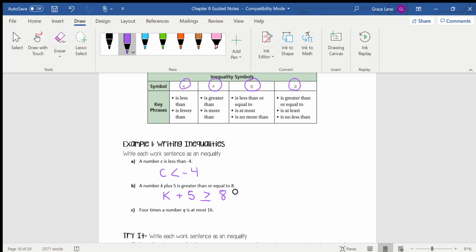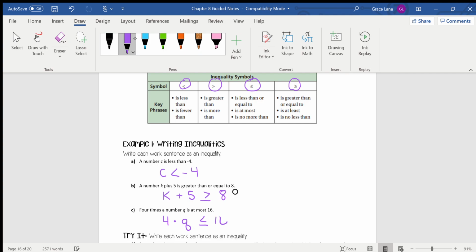And then letter C, 4 times a number Q. So you remember, we're going to use the dot for times. Q is at most, which means less than or equal to, and then you would say 16.